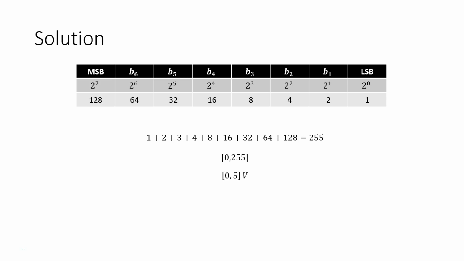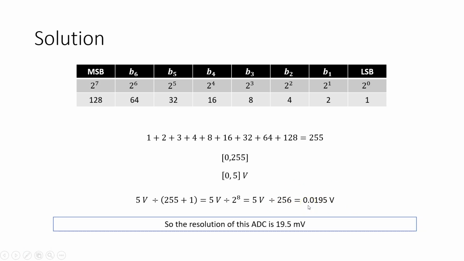And what we're trying to do is translate that for 0 to 5 volts. So we've got 5 volts, and we're dividing that by 2 to the 8, which is 256. So 5 divided by 256, and the resolution of this ADC is given as 0.0195 volts, or 19.5 millivolts.